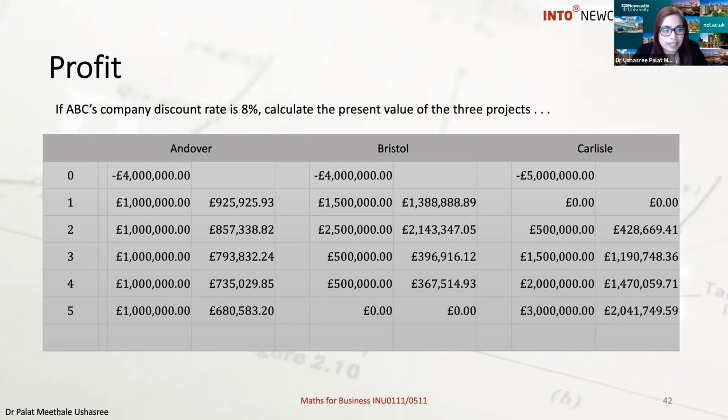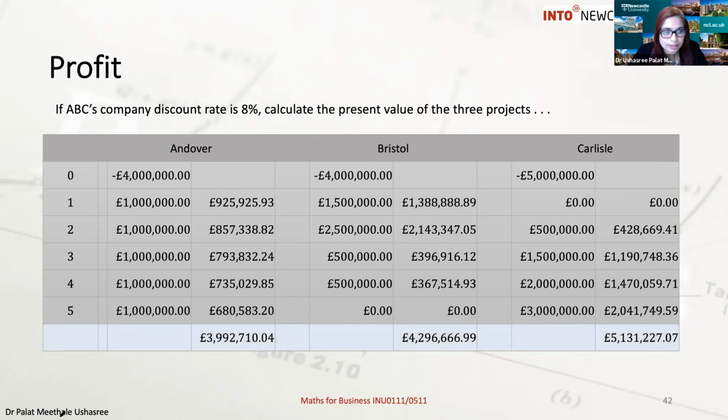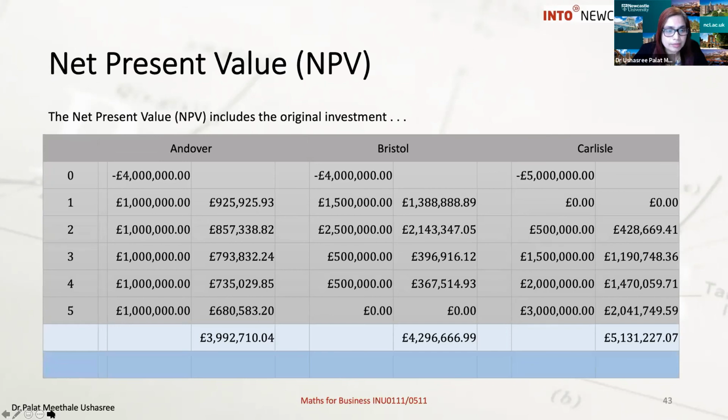Okay, so then you can find the total amount by adding each of them, the total cash inflow, and then you calculate the net present value.